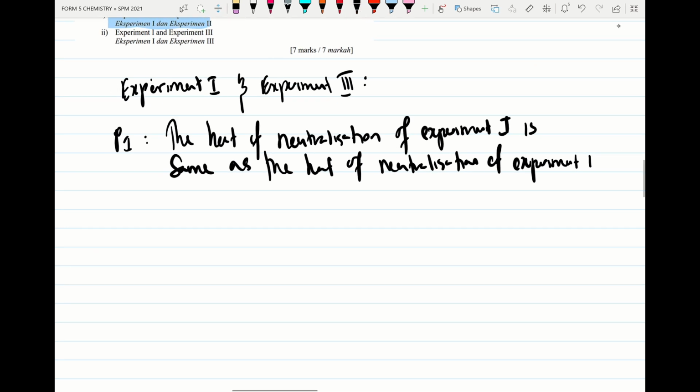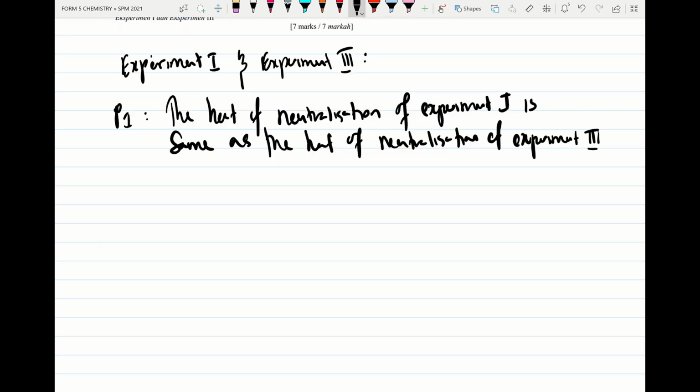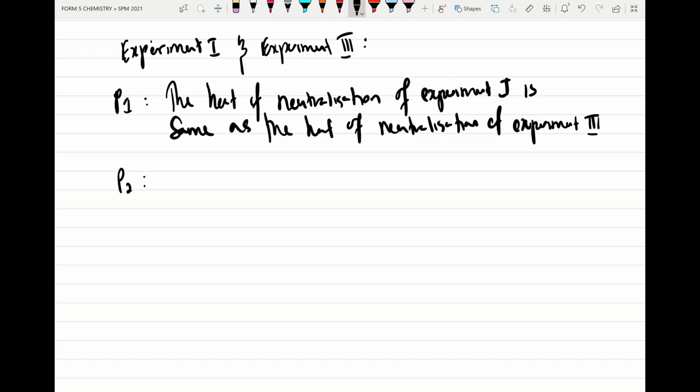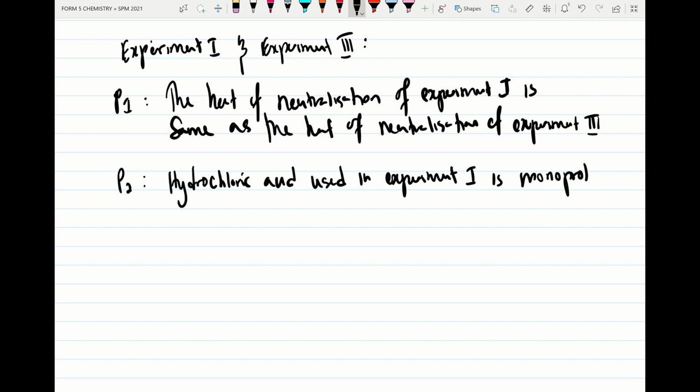So we already score 1 mark. Now point number 2: hydrochloric acid used in experiment 1 is a monoprotic acid. Monoprotic acid. Why?